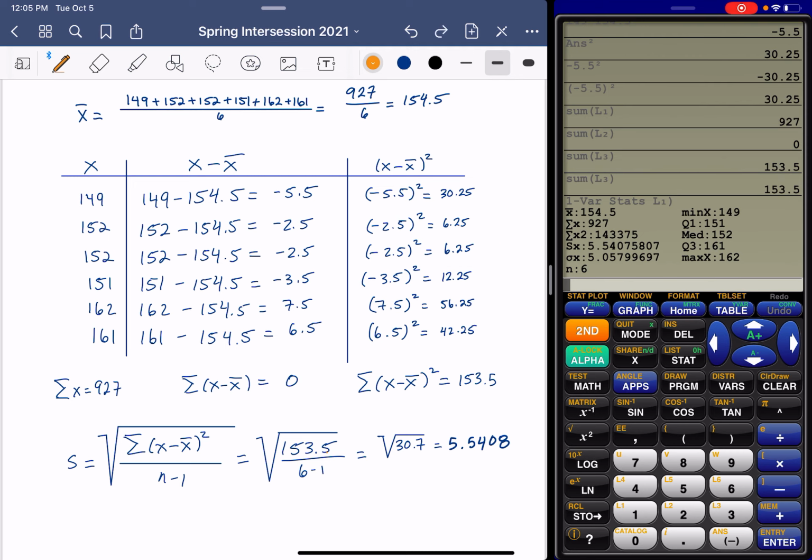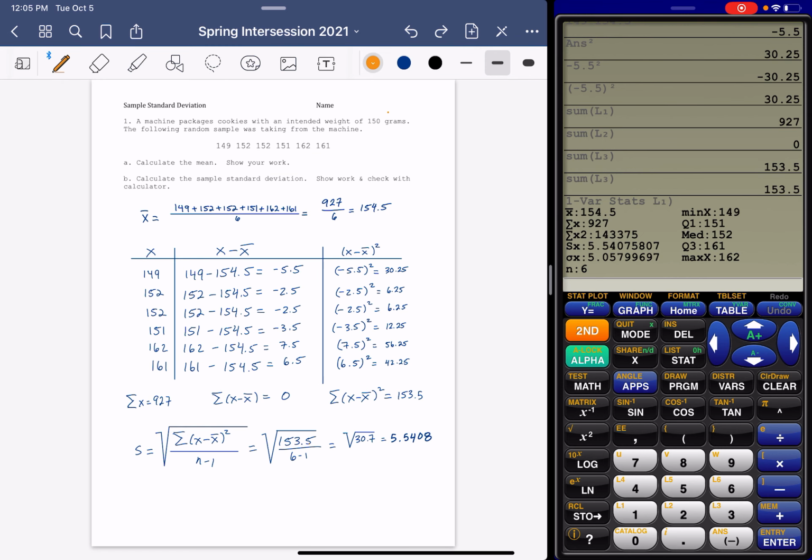It gives you 5.540, right? 75. Perfect. And then also it gives you the mean, right? 154.5. And gives you the sum of x, which is 927. So it gives you already a lot of information to check your answer.